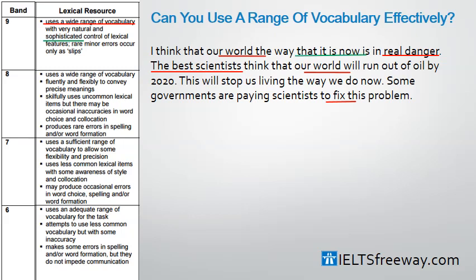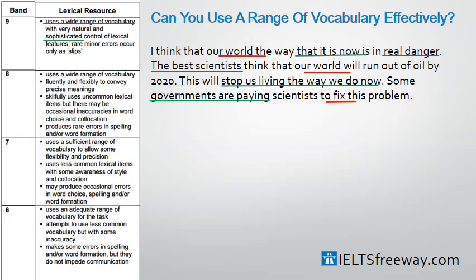It's not wrong, but it's not very high level. This will stop us living the way we do now. Could that be said any better? Some governments are paying scientists. Not massively sophisticated. Again, I'll show you how this could be improved in a few moments.